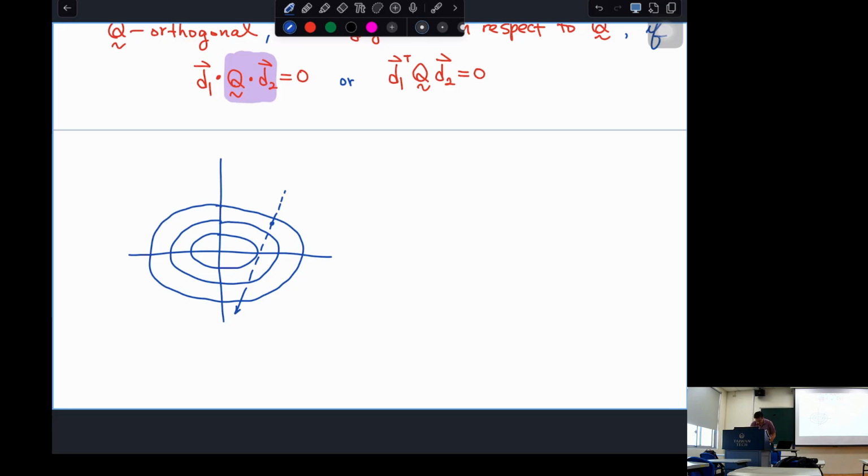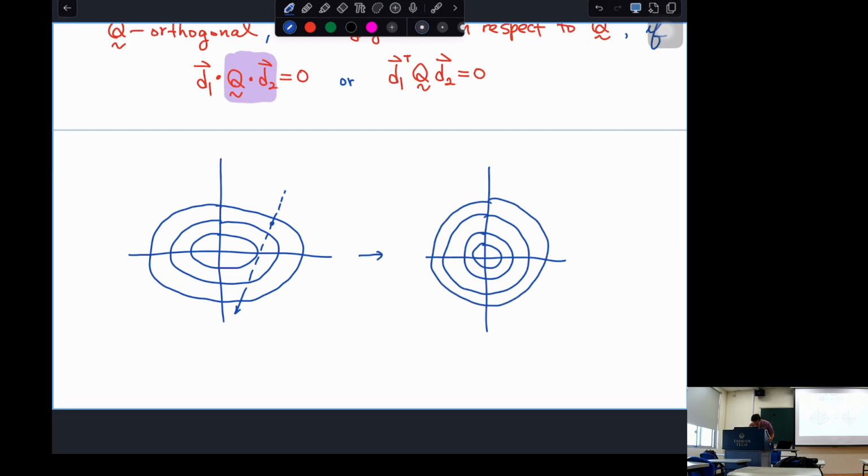But if I can transform this elliptical shape into a circular shape, then when I evaluate the gradient, it's actually moving toward the center.